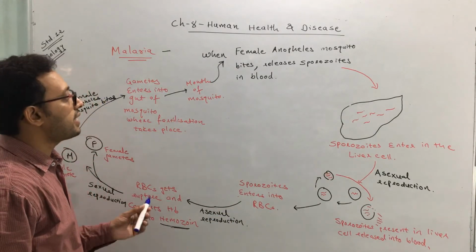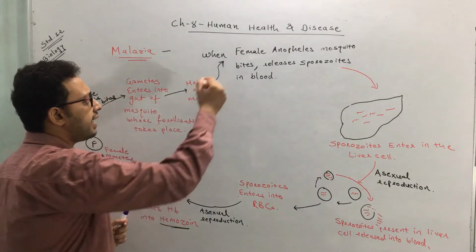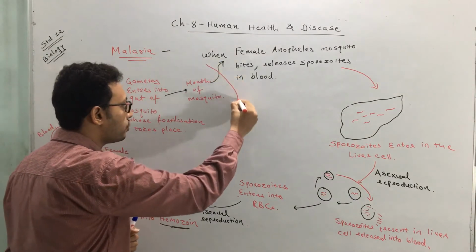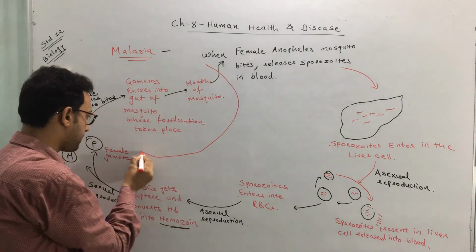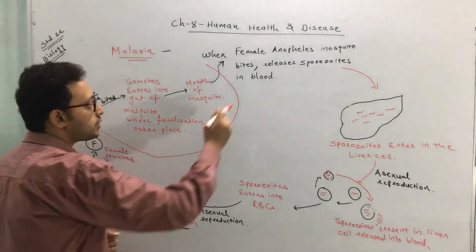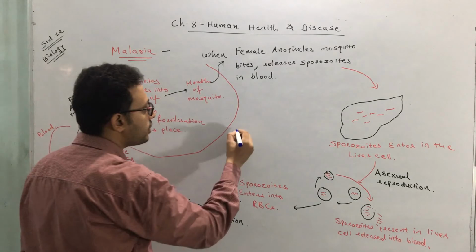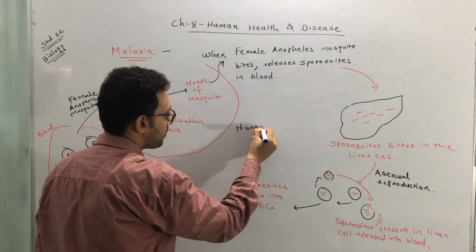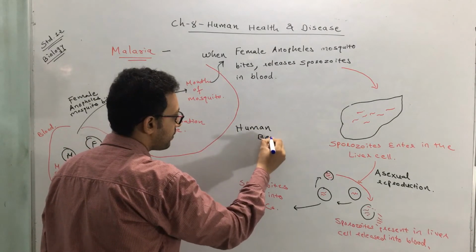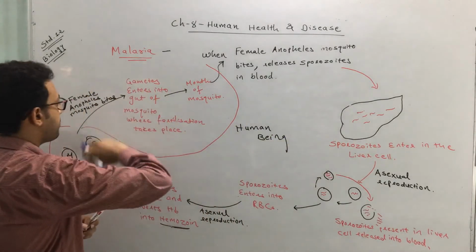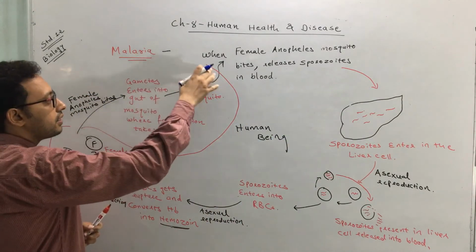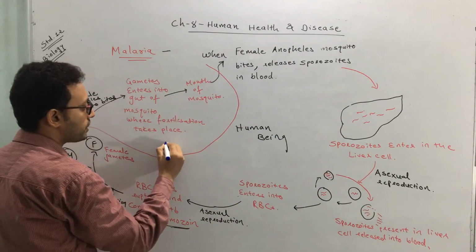Now if you see the life cycle of malaria, it needs two hosts. This much of the steps occur in a human being, and these steps, this fusion and release, occur in a mosquito.